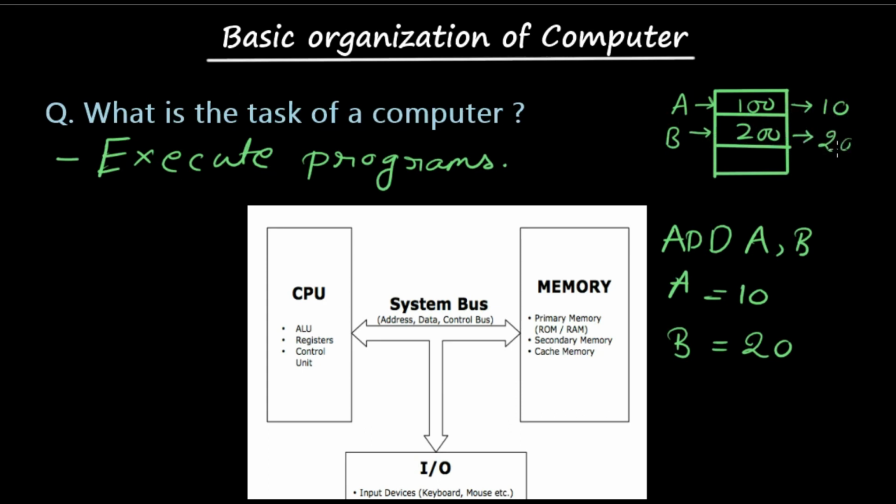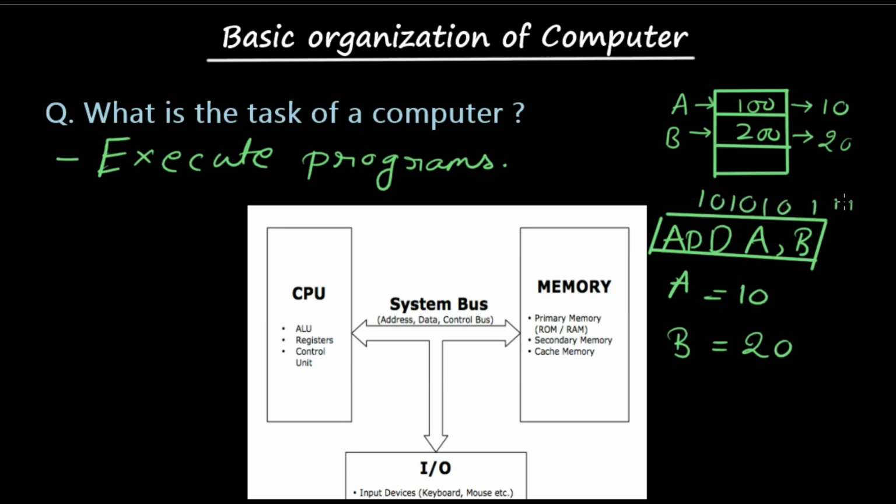Now when we give the computer the instruction add A comma B, we are actually giving a high level instruction. So a compiler will translate this instruction. The compiler's job is not to find errors, but to translate this instruction into a pattern of bits, ones and zeros.